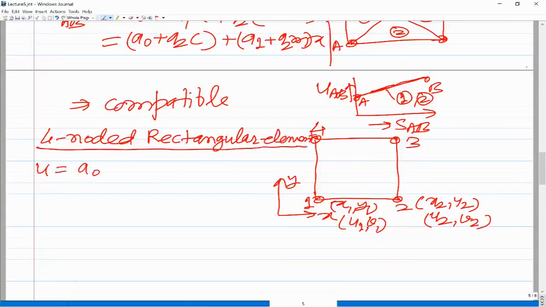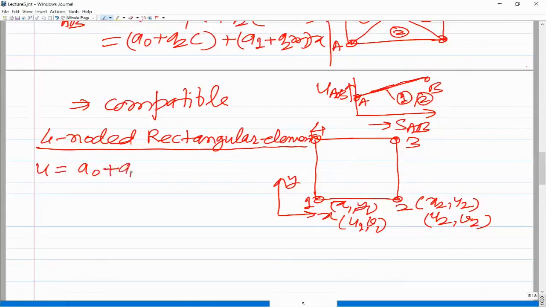So in total we will have four unknowns in the element corresponding to u, and four unknowns corresponding to v. So we should have the same number of unknown constants in the approximate solution. So here we assume an approximate solution with four terms.